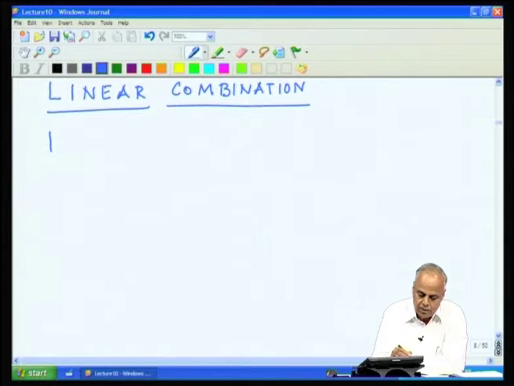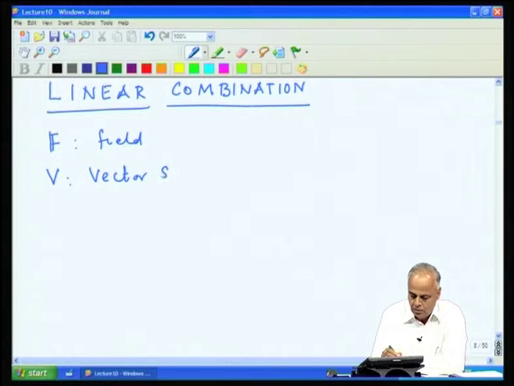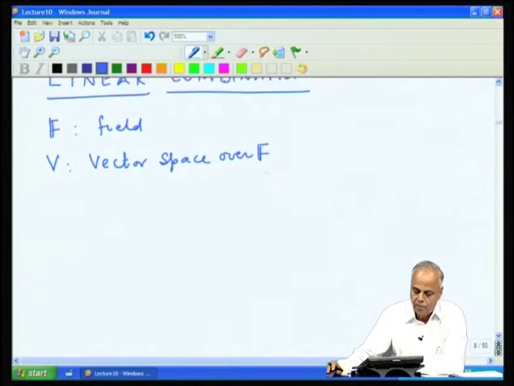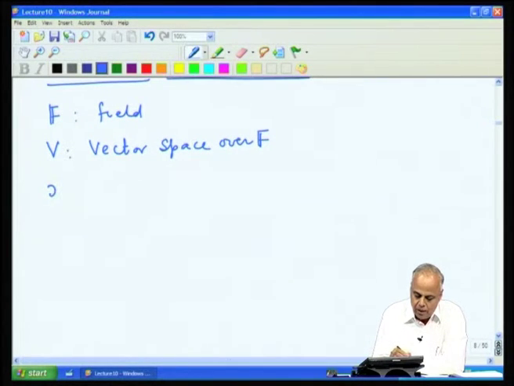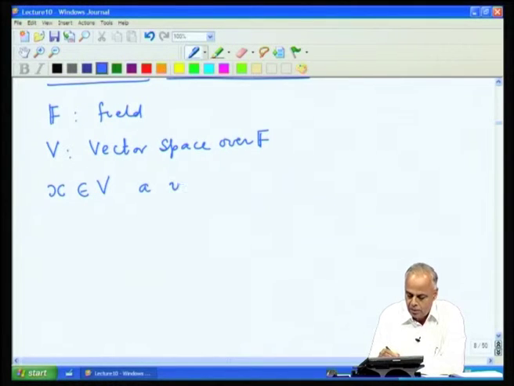Let us consider a field F. F is any field and V is a vector space over F. So, we have a vector space over F. Let us look at a vector x in V.